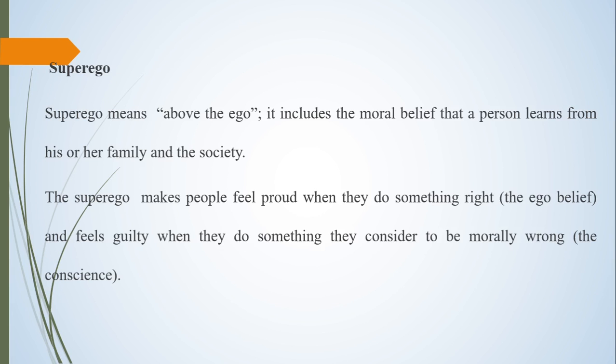Let's come to the superego. Superego means above the ego. It includes the moral beliefs that the person learns from his or her family and society. The superego makes people feel proud when they do something right, and feel guilty when they do something they consider to be morally wrong.